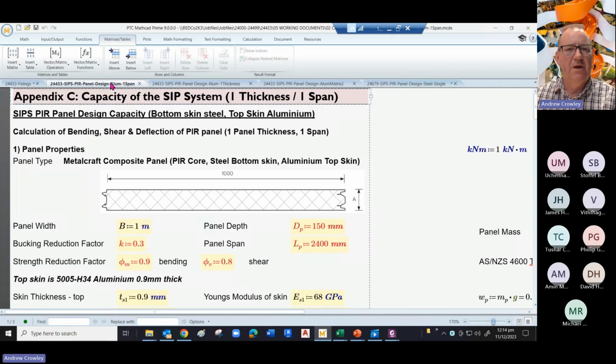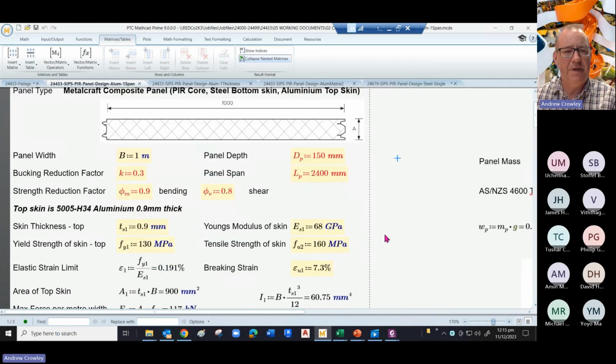Moving on. So we're looking at the capacity of a composite panel, and it's asymmetric. It's got a different top skin to its bottom skin. So the top skin is aluminium, and it's a 0.9 millimeter thick aluminium.